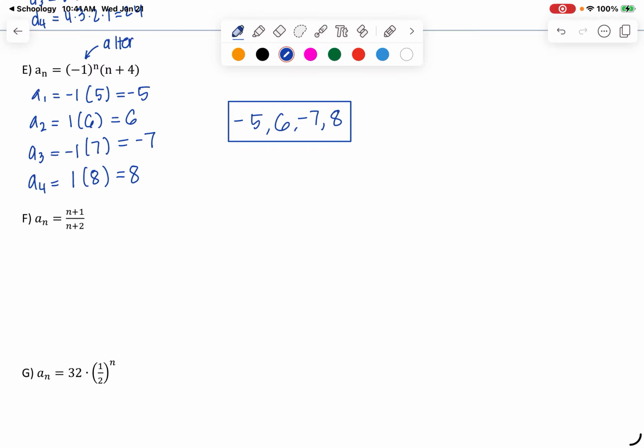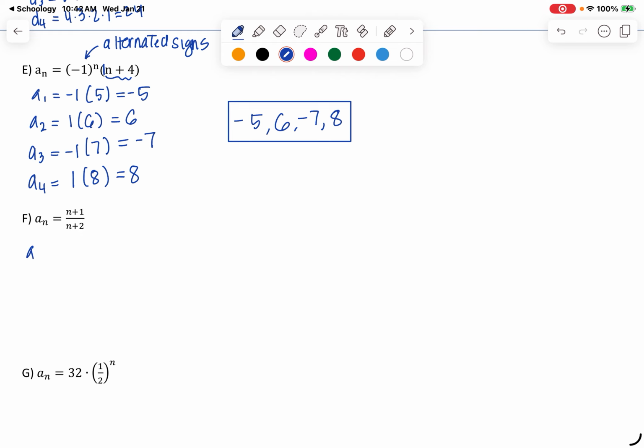Alternated the signs. Whenever you need to alternate signs in a pattern, you could always do negative 1 to the nth power or negative 1 to the n minus 1 power, depending on what you need. And then notice right here, this is linear with a slope of 1. So 5, 6, 7, 8, that's increasing by 1.